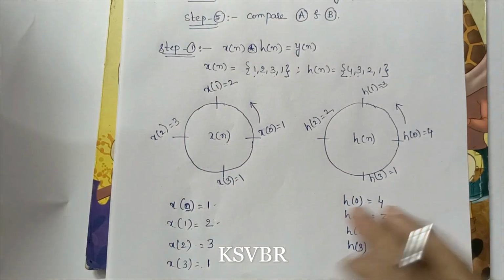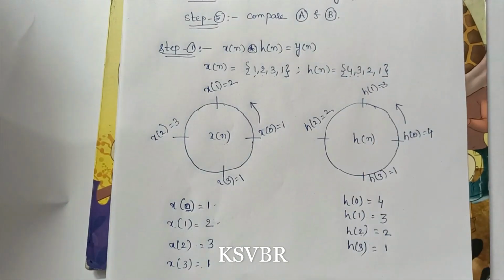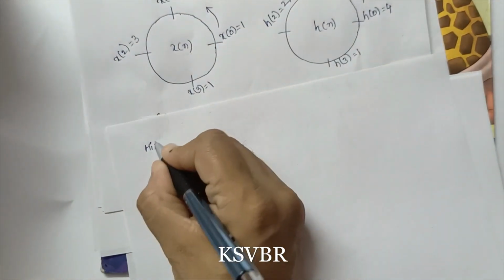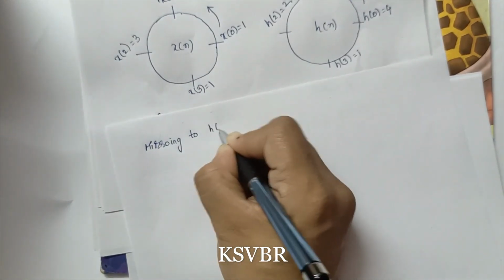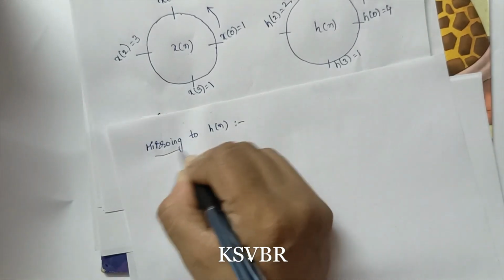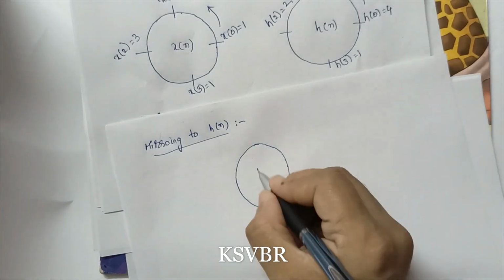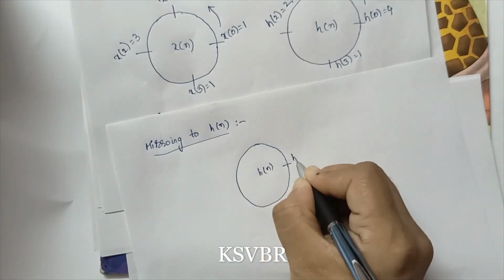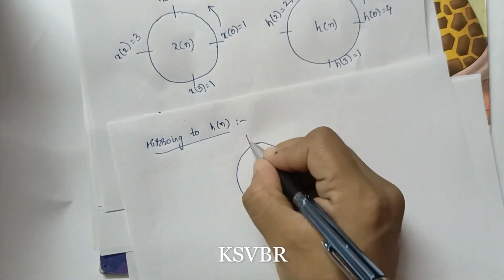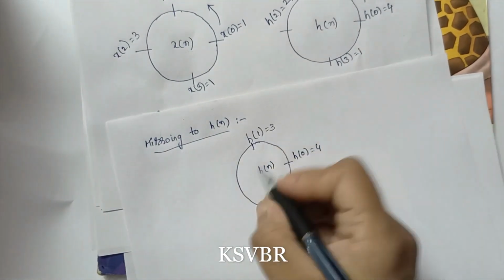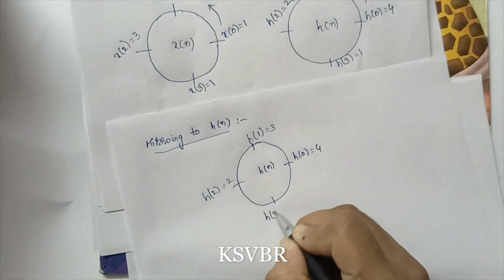Now we have to do mirroring for h of n. In step 1 itself we have to mirror h of n. This is h of n: h of 0 is equal to 4, and copying h of 1 equal to 3, h of 2 equal to 2, h of 3 equal to 1.